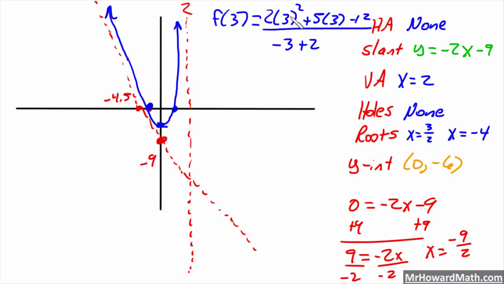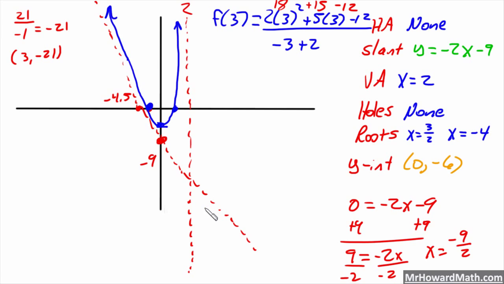So let's do that work. That would be 18 here plus 15 here minus 12, and then negative 3 plus 2 on the bottom. So that would give us 21 on top, and negative 1 on the bottom, so that's negative 21. So the ordered pair is 3, negative 21.